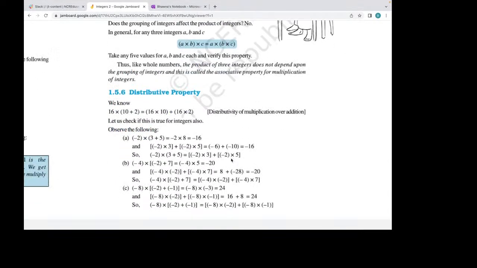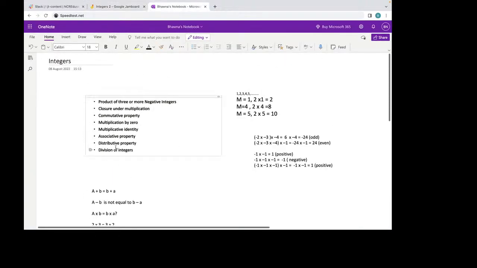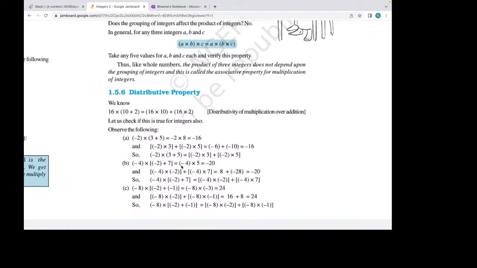Now let's talk about the last property we have: the distributive property. What do we have in the distributive property?